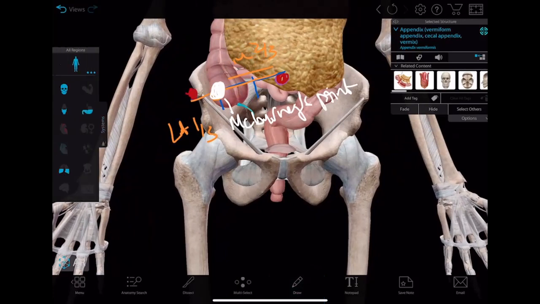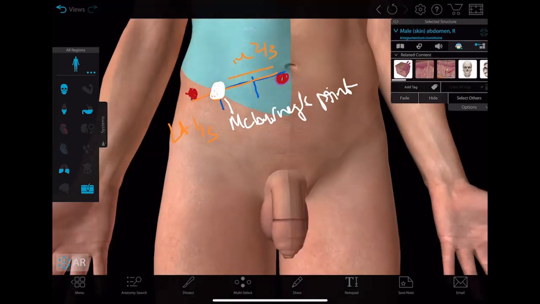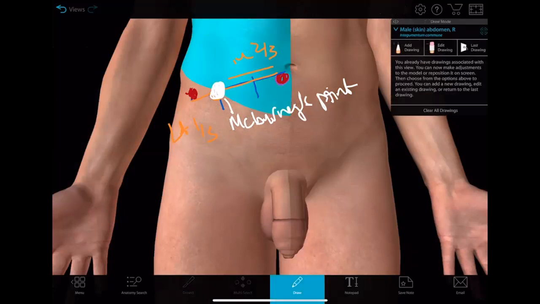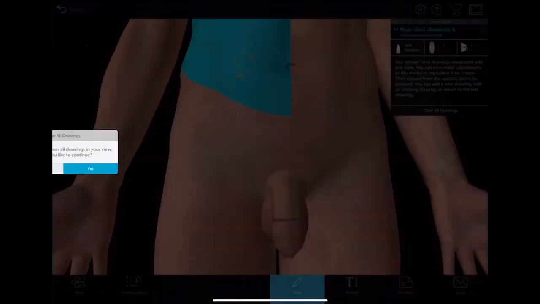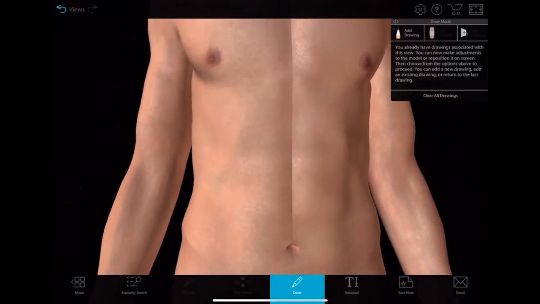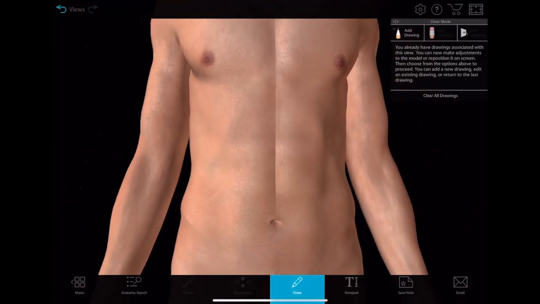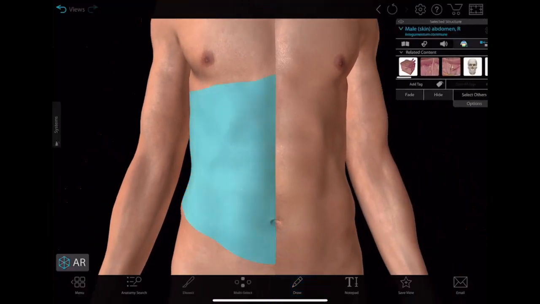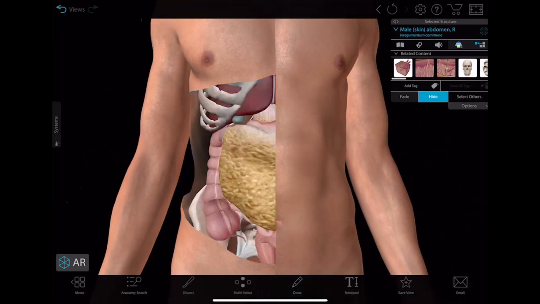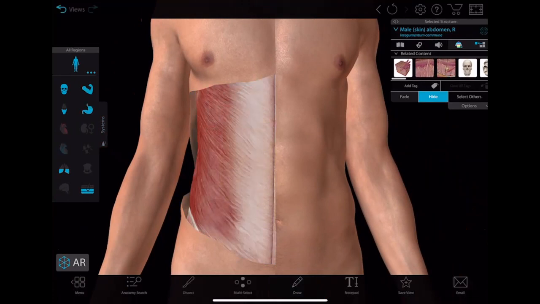Coming to another one, Murphy's point, right? In order to know the Murphy's point, let us first do these things.